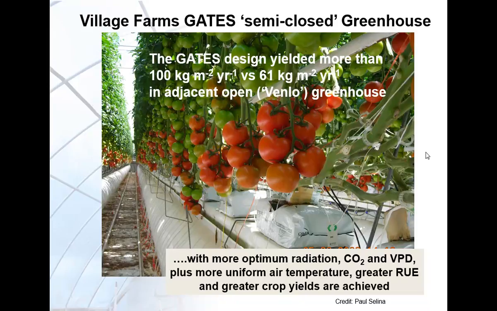Same grower, same variety of tomatoes, and a major increase in yield because of the design. And the belief is that there's more optimum light and carbon dioxide regime and vapor pressure deficit to provide increased productivity and resource use efficiency by the plants, and thus the increase in crops.